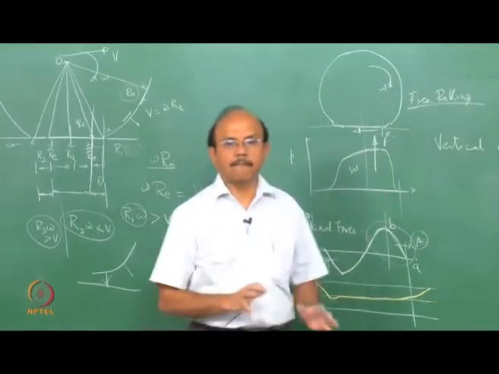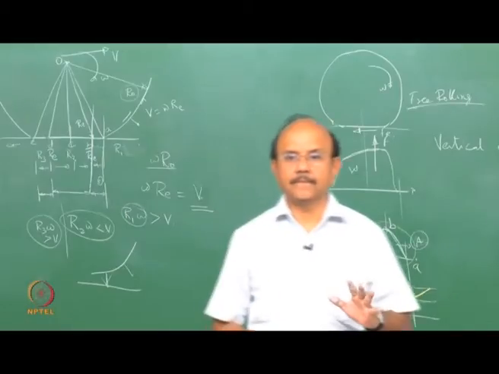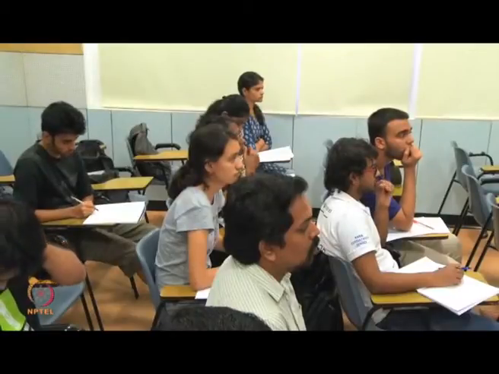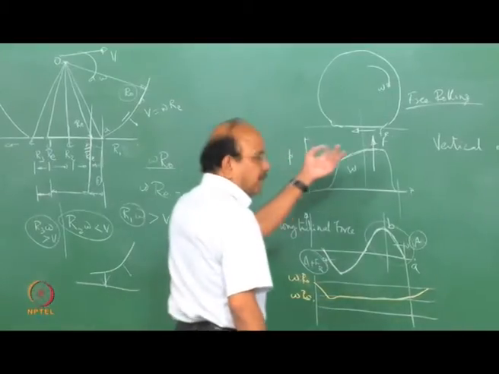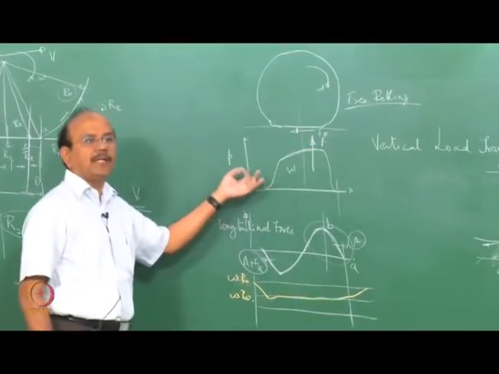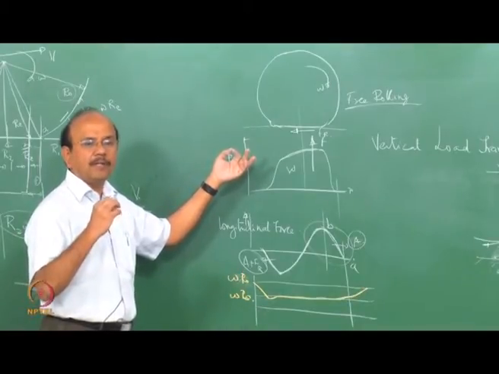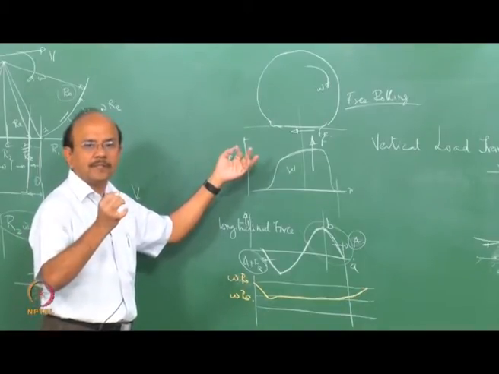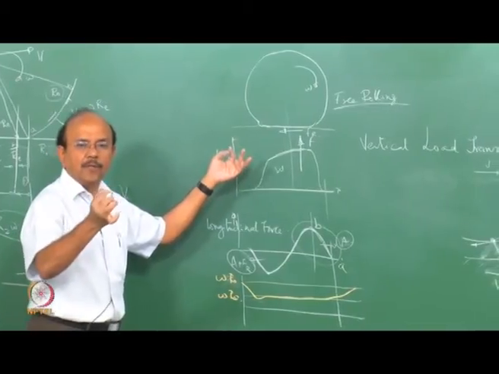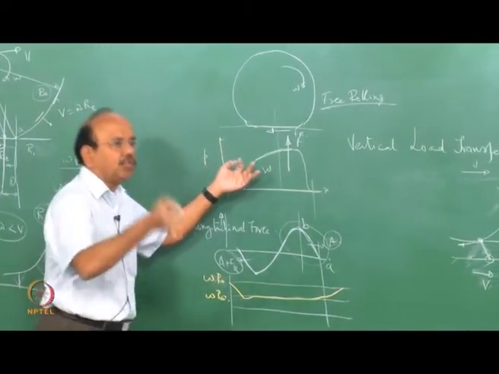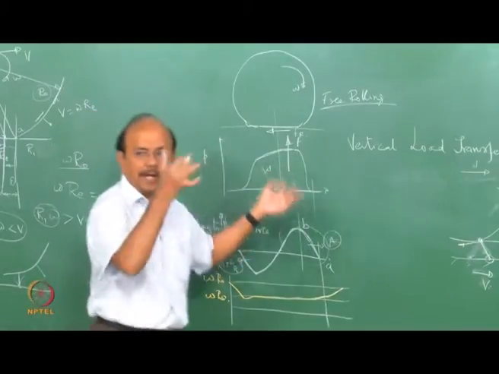Any questions? In sum, as the tread element goes under the contact patch, it is not just the normal compression alone which works. Along with that normal compression, there are longitudinal forces which also act.